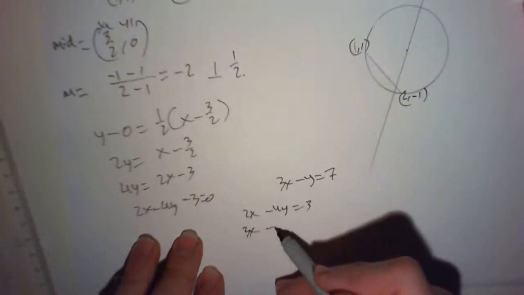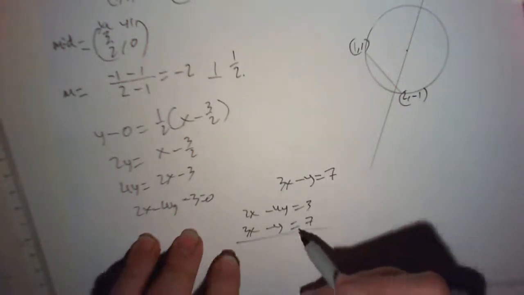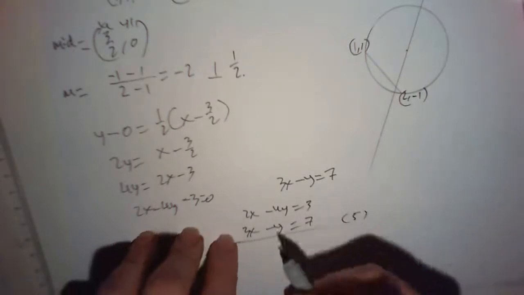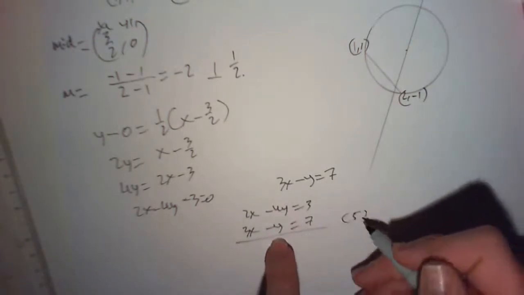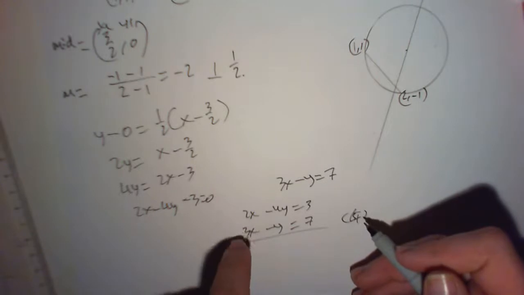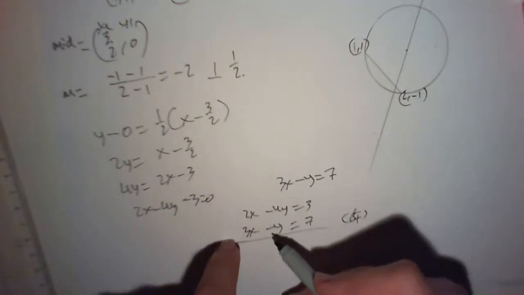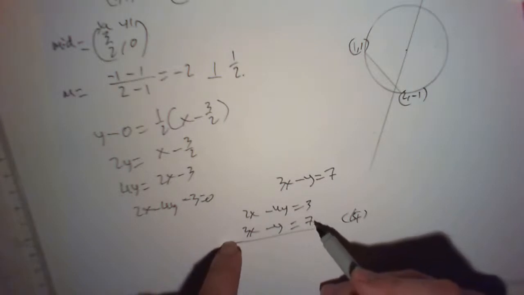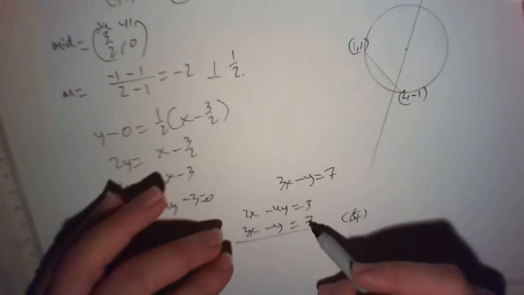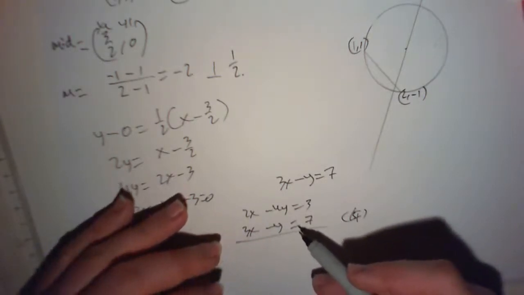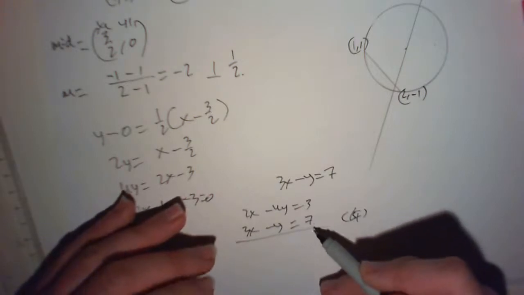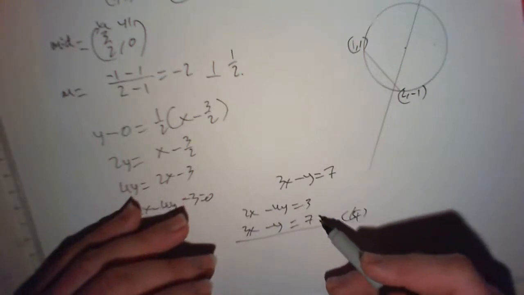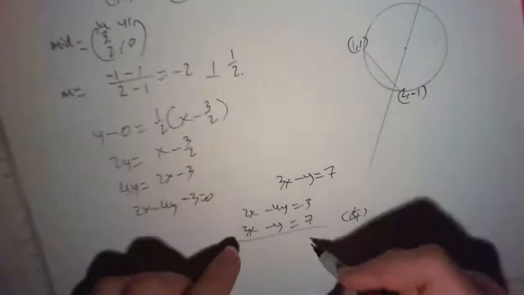And we have 3x minus y equal to 7. Multiply that by 4 and change the sign. I've lost it now in my own head, I'll have to do it out.